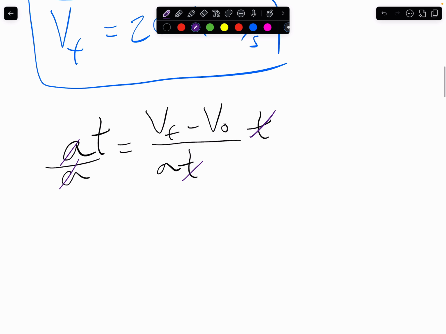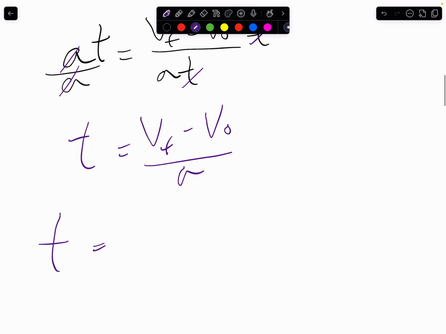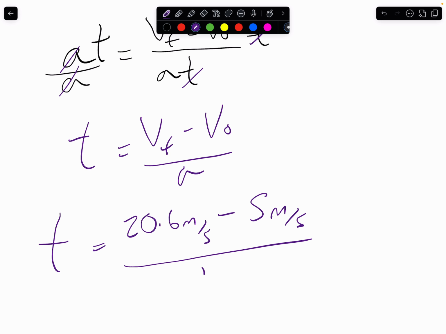That's algebra. So I get t is equal to V final minus V naught over a. Now I can plug in some numbers. My V final was 20.6 meters per second, minus my V naught, which was 5 meters per second, and my acceleration is about 10 meters per second squared.